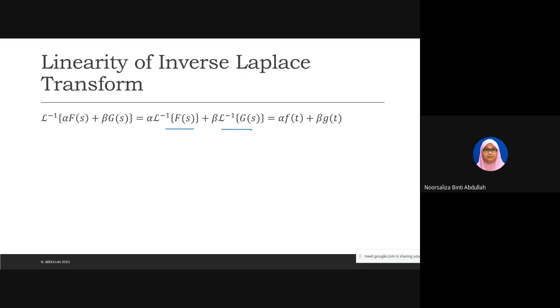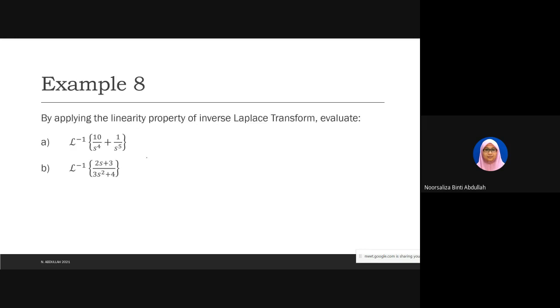Okay, we just look at this simple example. How we want to use linearity is you find the inverse of this signal and the inverse of this signal.